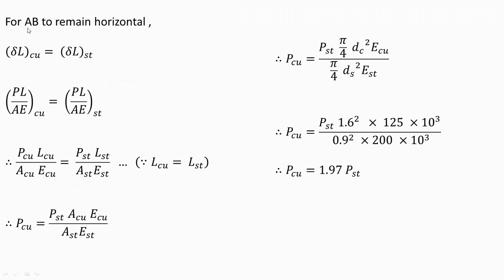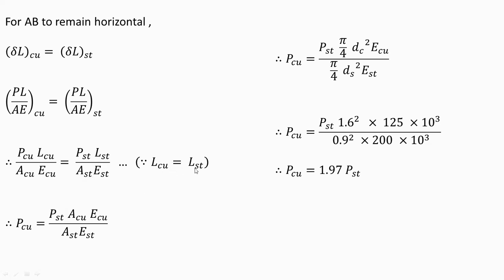Now for AB to remain horizontal, deformation in copper has to be equal to deformation in steel. Then and only then it will remain horizontal, otherwise it will be in an inclined position. So PL upon AE of copper has to be equal to PL upon AE of steel. So PCU LCU upon ACU ECU of copper will be equal to PL upon AE of steel.